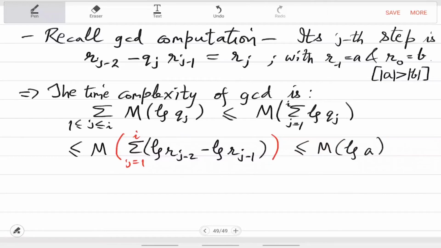That was more critical in the Newton approximation analysis. Here, since you have a telescopic sum, it doesn't matter. You just get the sum log A.